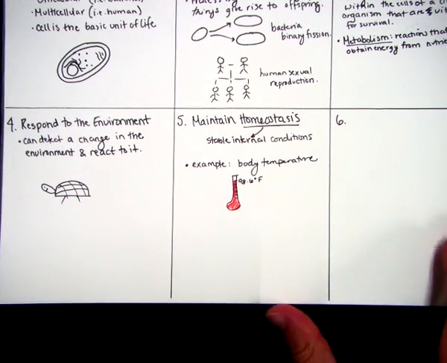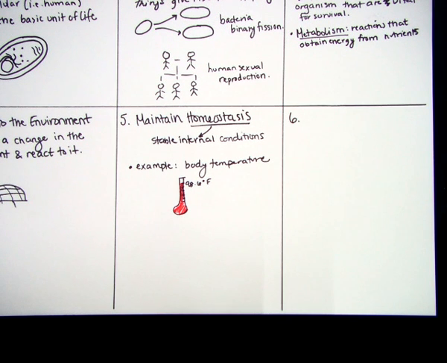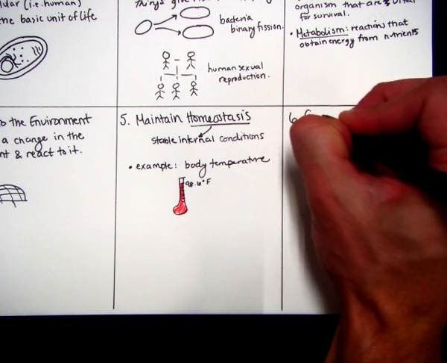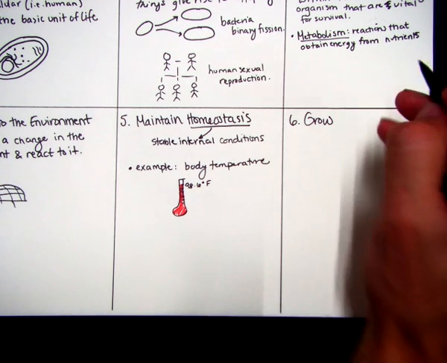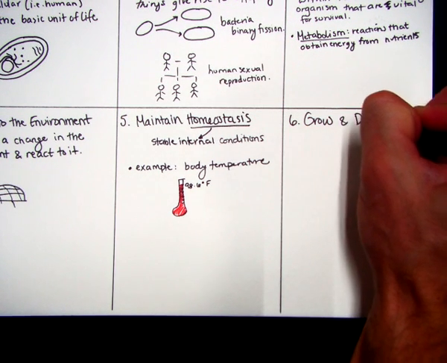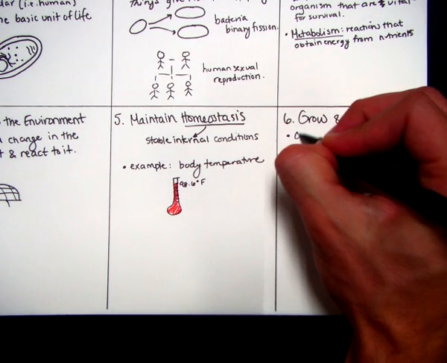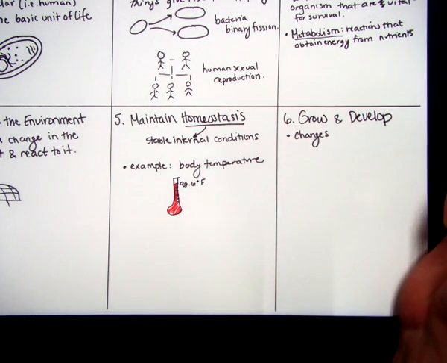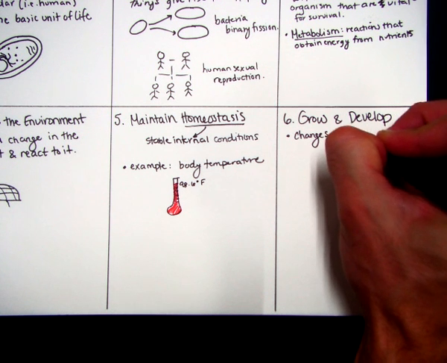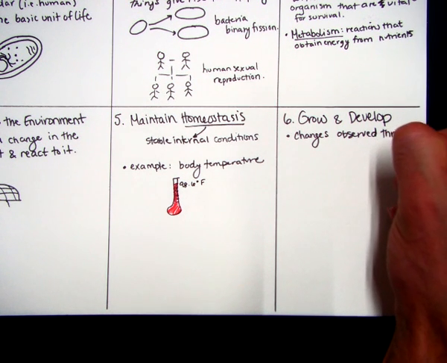Okay, and our last one is that all living things at some point in their lifespan grow and develop. So there are changes observed throughout the lifespan of a living thing.